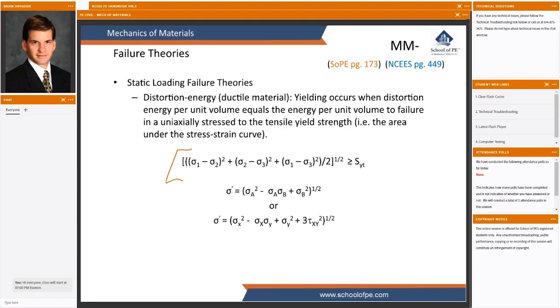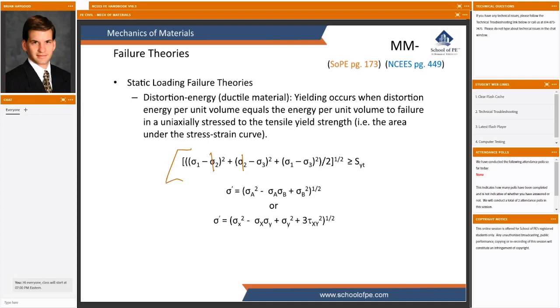Of course, if one of these is zero, you can pick whichever one you want to put in whichever place. This equation is entirely symmetrical in all respects, so the equation itself doesn't care which value you use as number 1 or 2 or 3, though in theory we're supposed to order them from greatest to least. So if you've got three principal stresses, there you go, there's your version of that equation.